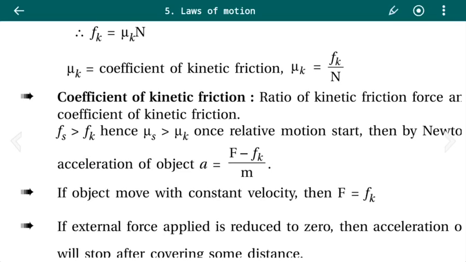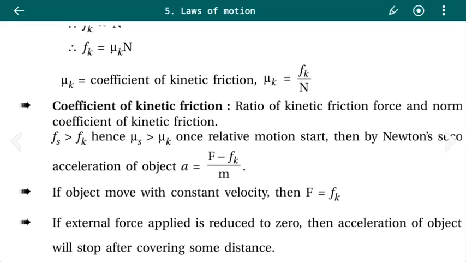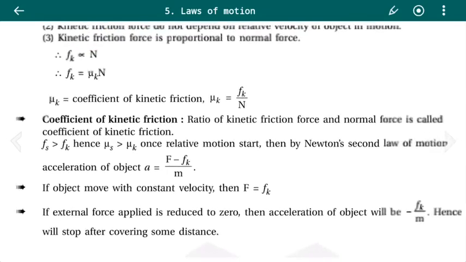So it tends the object to remain stationary, whereas the kinetic frictional force opposes the external force but cannot keep the object stationary and it is less compared to the external force. So we can say that static frictional force is greater compared to the kinetic frictional force, and hence we can also say that the coefficient of static friction is greater than the coefficient of kinetic friction.